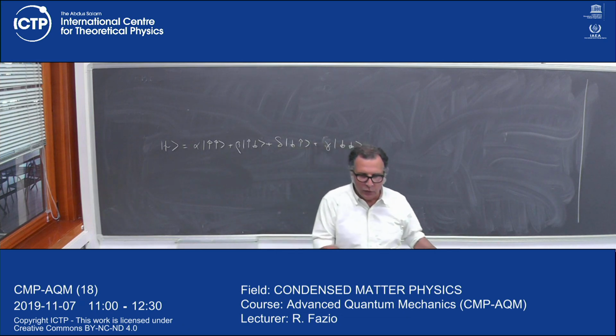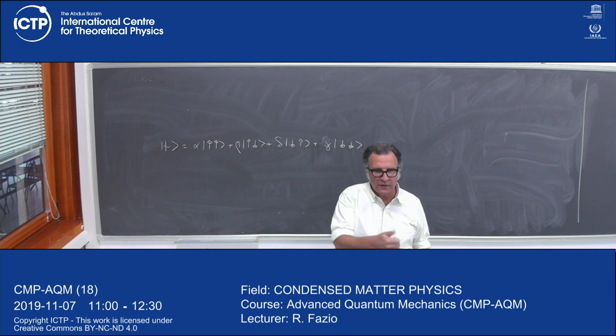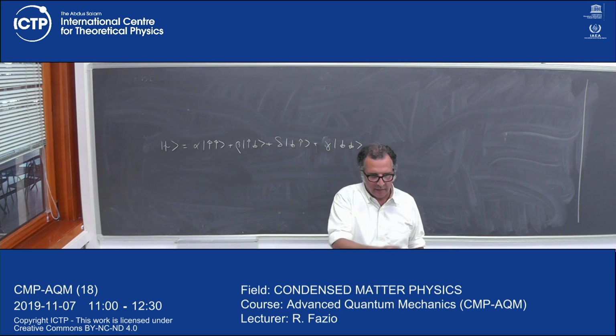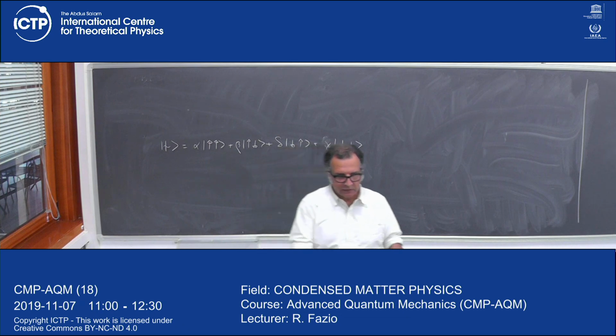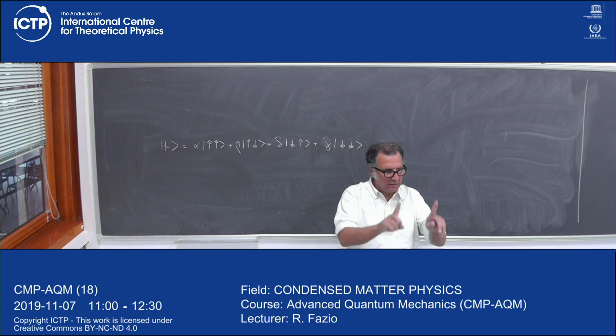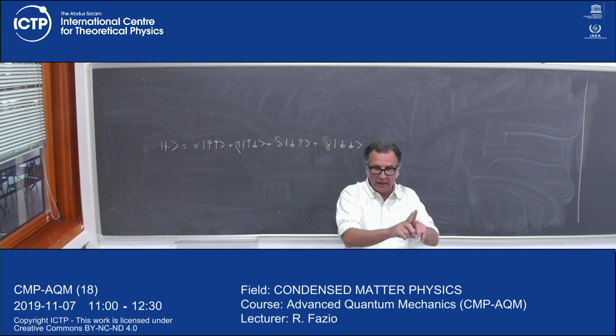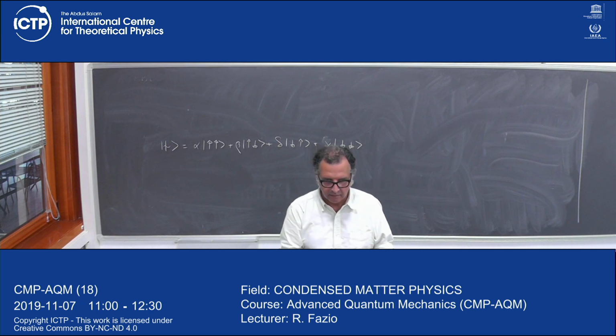If in the first half I measure that the first spin is up, and then in the second half I measure that the second spin is up, I'm not measuring the joint probability, okay? To measure the joint probability, I have to check in each measurement whether both are up, and I repeat, and then accumulate statistics. Okay? Clear?